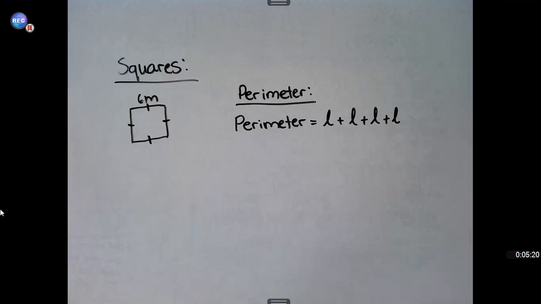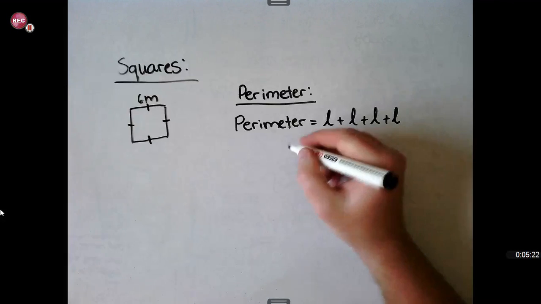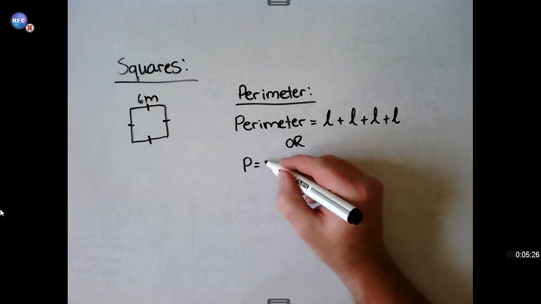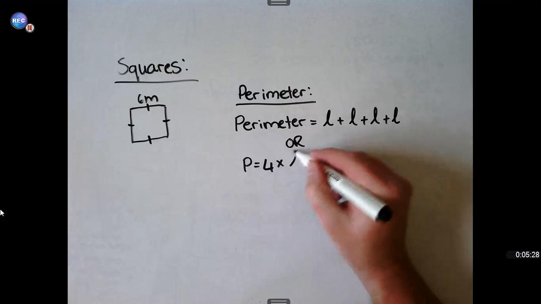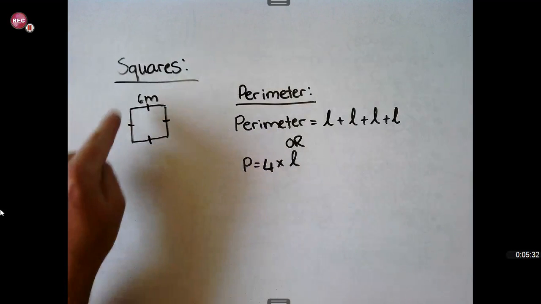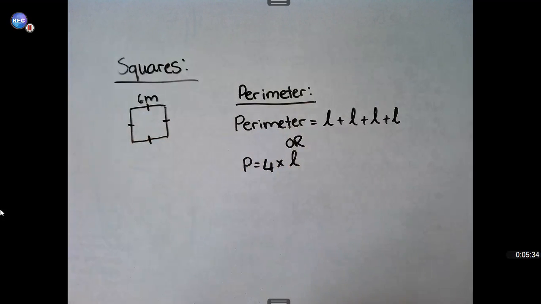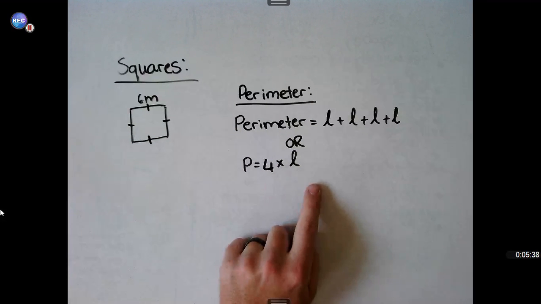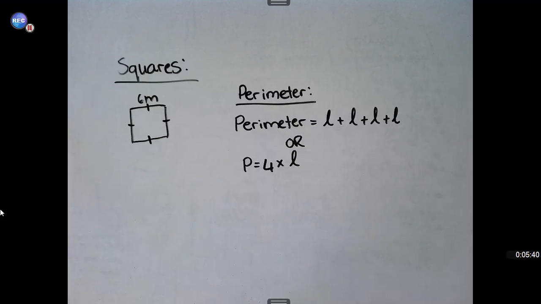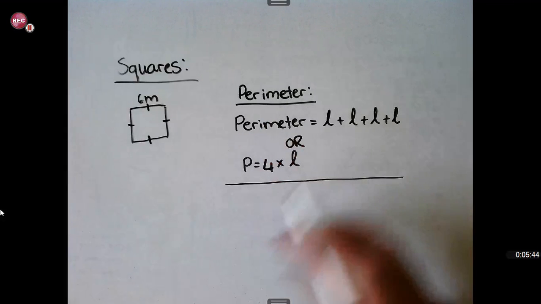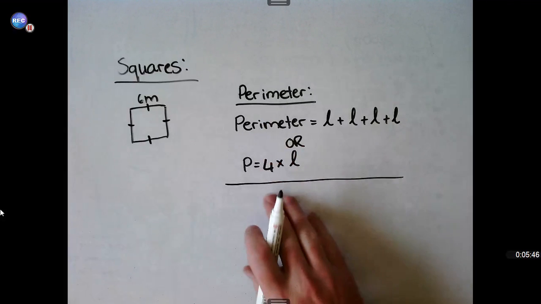Then, the other formula that you can use is where we say 4 times the length. Because all the sides are equal in length, you are allowed to say 4 times length. So just to give you a bit of clarity on this, I'm going to do the perimeter for both formulas at the bottom here.